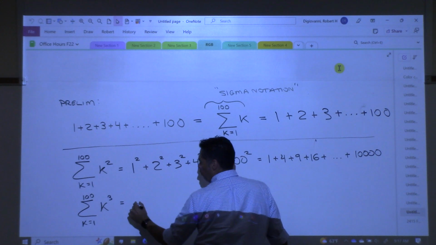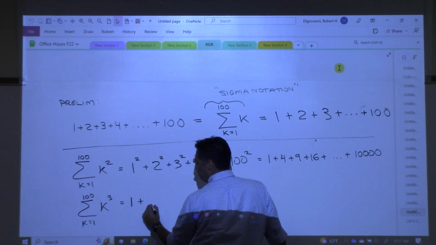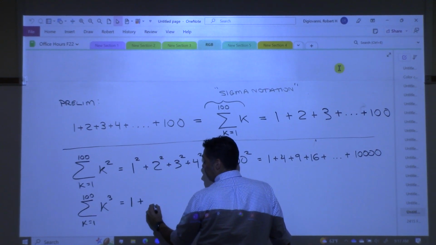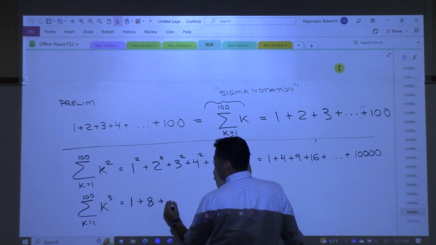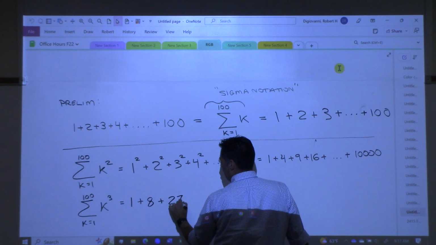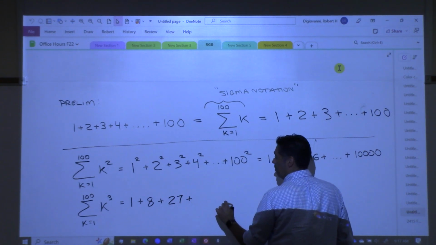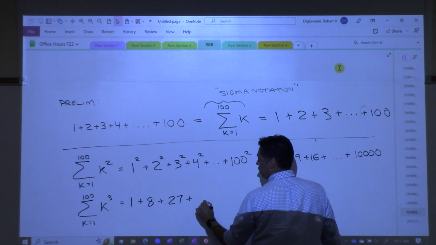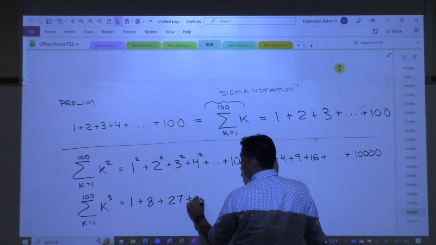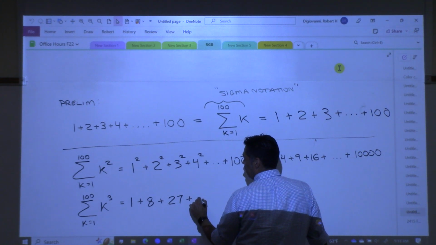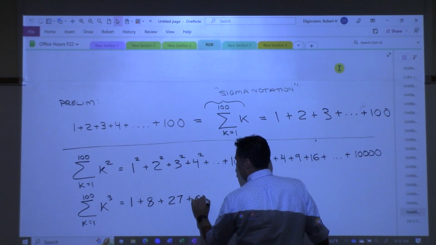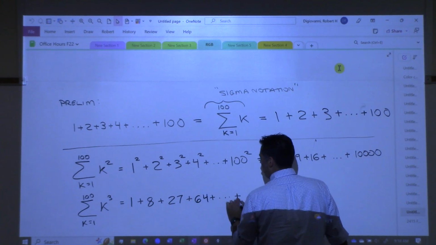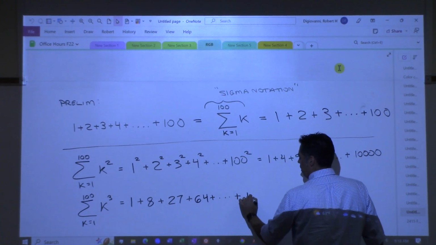We're just going to do them in our head. 1 cubed is 1. 2 cubed? 8. 3 cubed? 3 times 3 times 3? 27. 4 cubed? 4 times 4, 16 times 4, 64. Plus ... What's the very last one? 100 cubed.